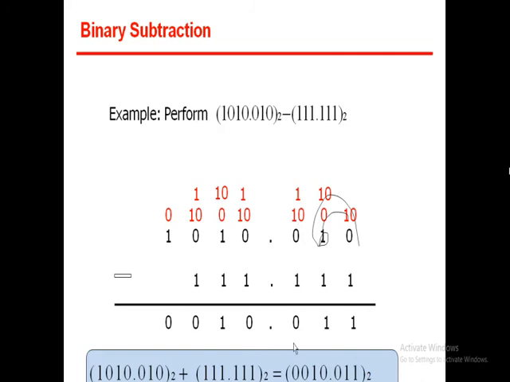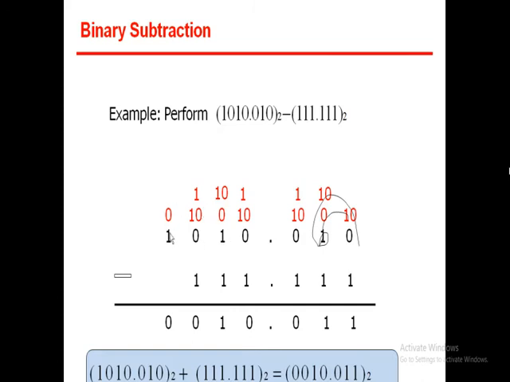Then here 0 minus 1. Here it is 0. 0 minus 1, we can't subtract 1 from 0. So we are taking from this position. It is 0, so we can't take here. Then again we move to the next position, 1. So we can take from here 1.